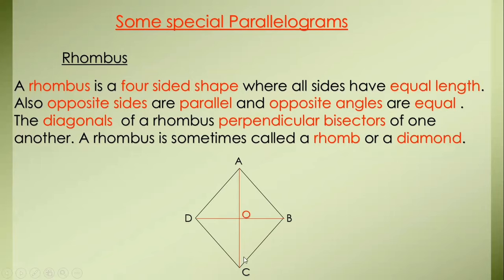AC and BD are the diagonals. Bisect means dividing exactly into two equal parts. That is bisecting at a point O. So AO is equal to OC and BO is equal to OD.